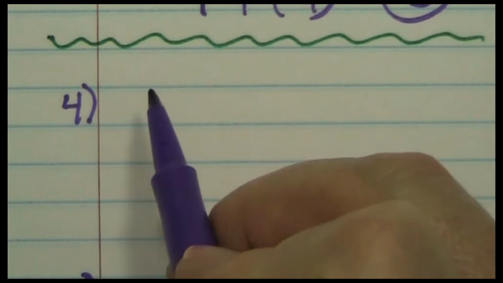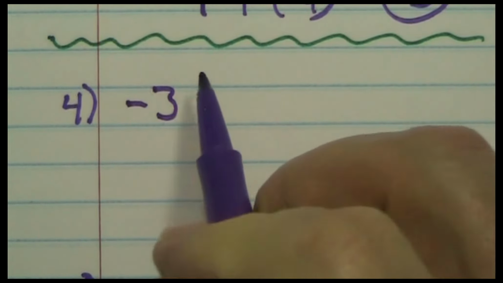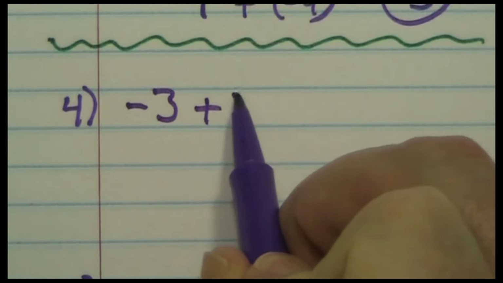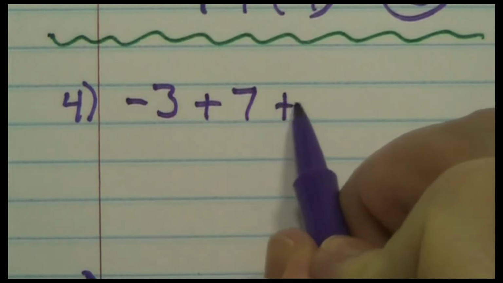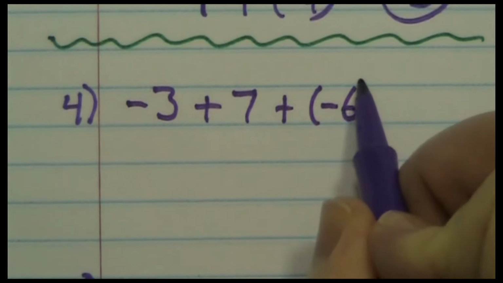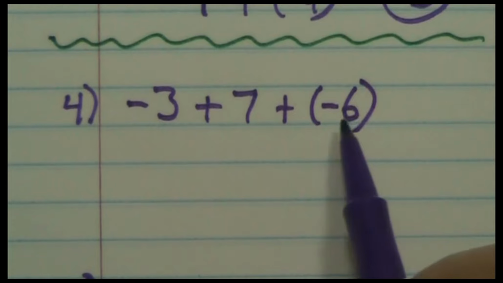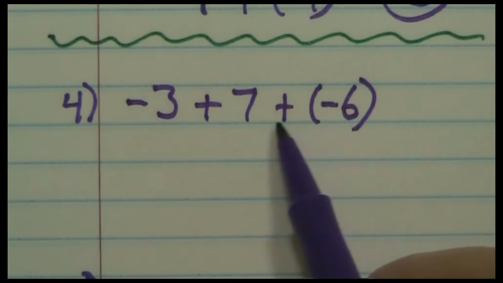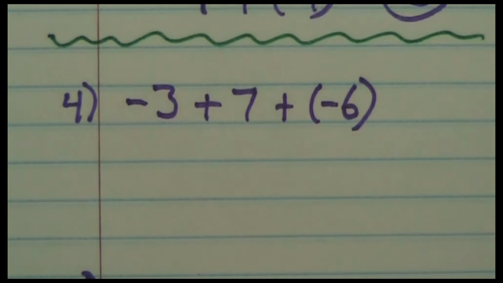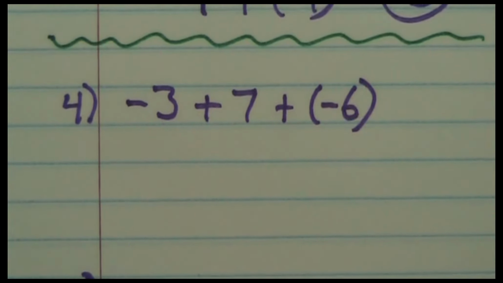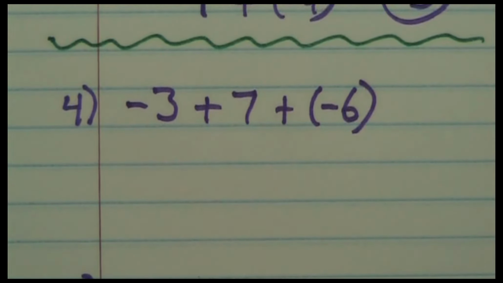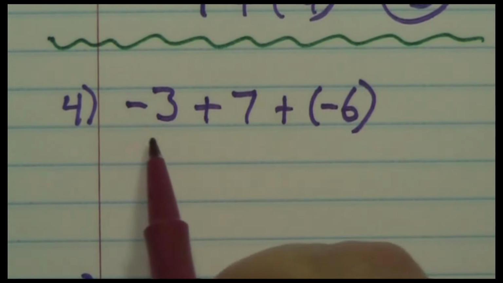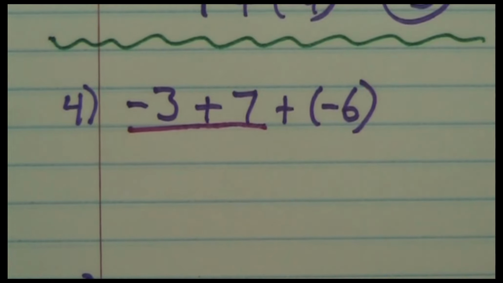Okay, number 4 we have -3 plus 7 and a -6. Now this time notice the -6, it's the same thing. It's just this makes it much easier for us. But many times they don't do that with problems. All right, so if you want to just go left to right, these two right here.